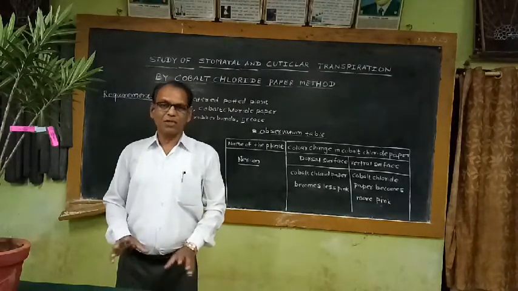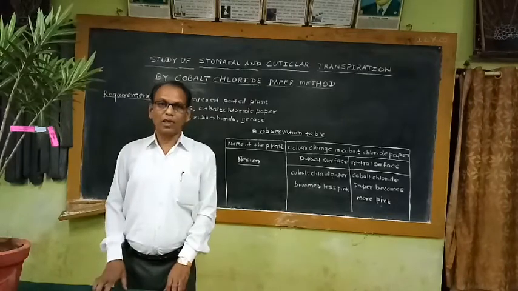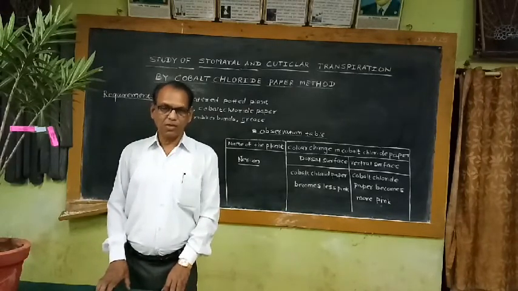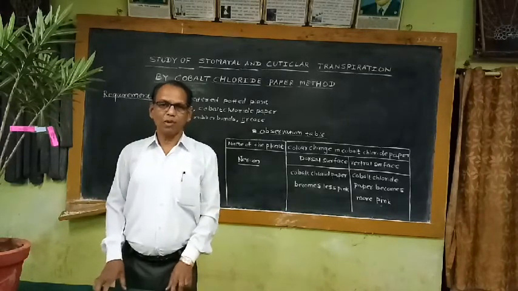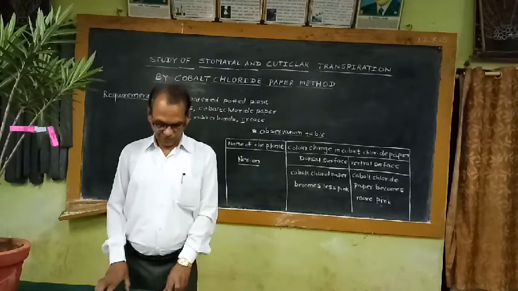So what is meant by transpiration? You have studied in theory. The removal of water in the form of vapors from aerial organs of the plants is commonly known as transpiration.